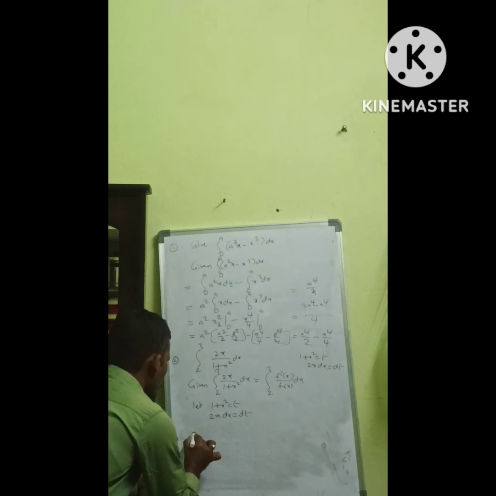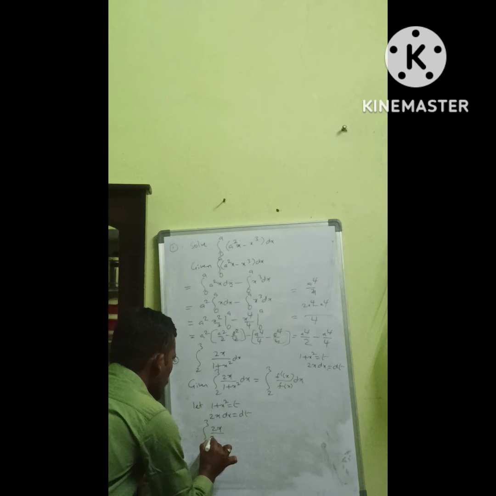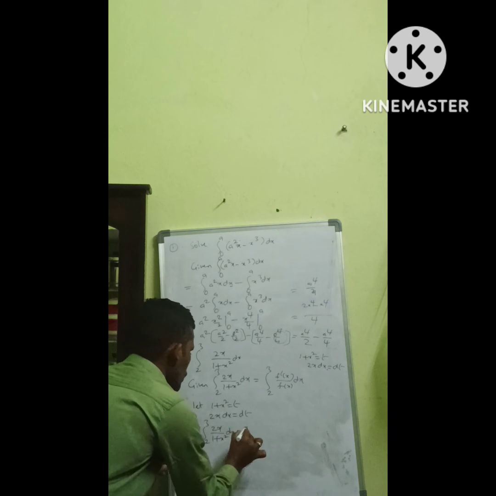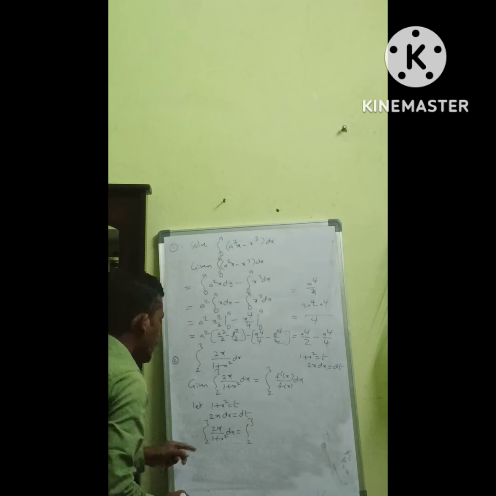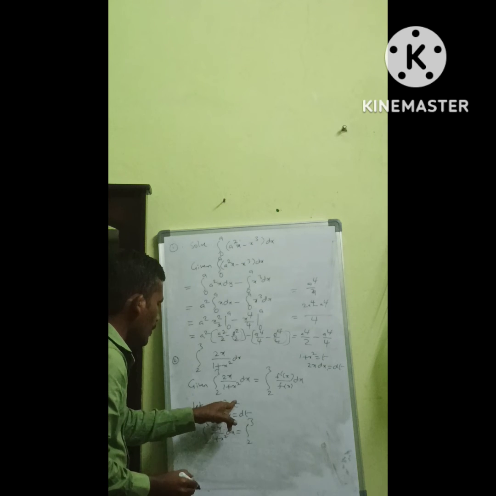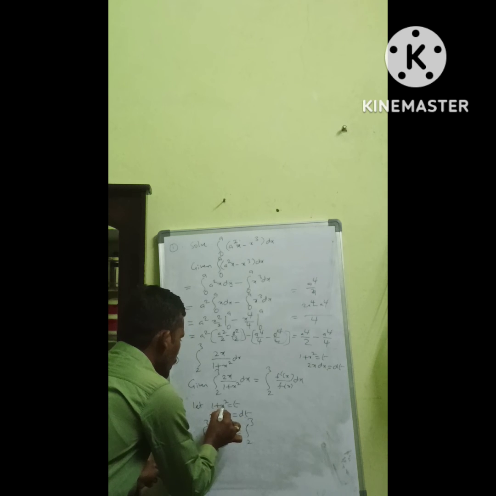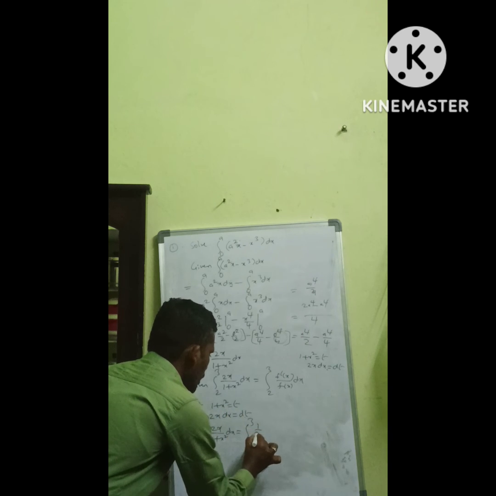Therefore, what I am taking, what is given: integral 2 to 3 of 2x by 1 plus x square dx. So 2 to 3 same here, I am substituting here, converting these x terms into t terms. So 2x dx we got dt, 1 by 1 plus x square is 1 by t.